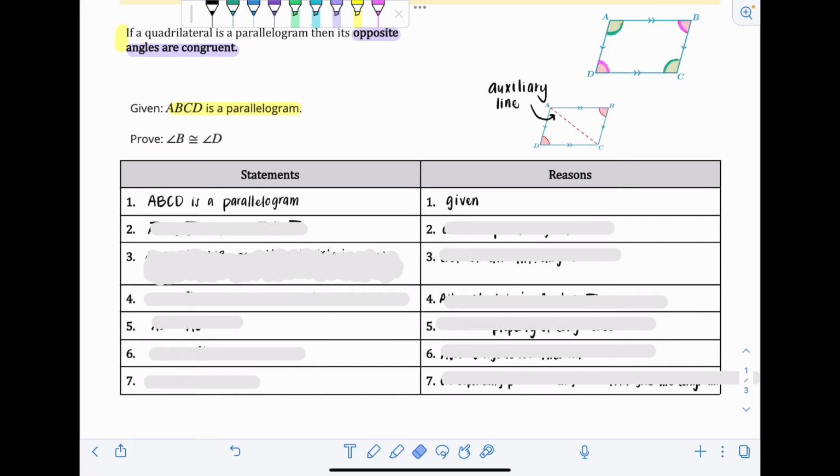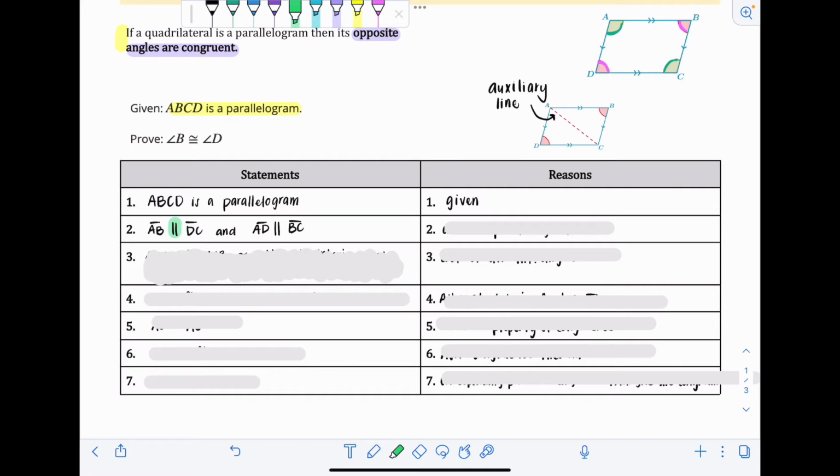In order for alternate interior angles to be congruent, we have to have parallel lines. We know that we have parallel lines because we have a parallelogram. So for 2, we first state which segments are parallel to each other. This says AB is parallel to segment DC.